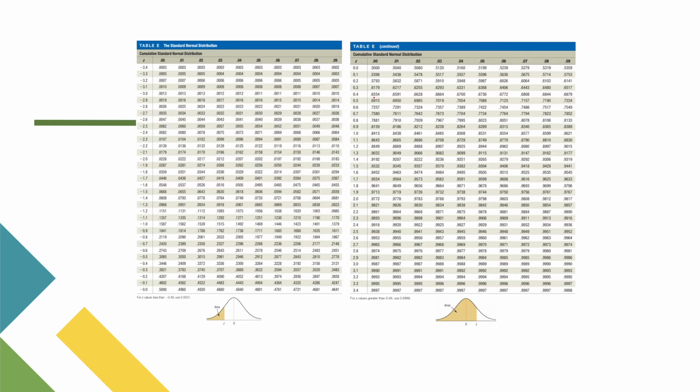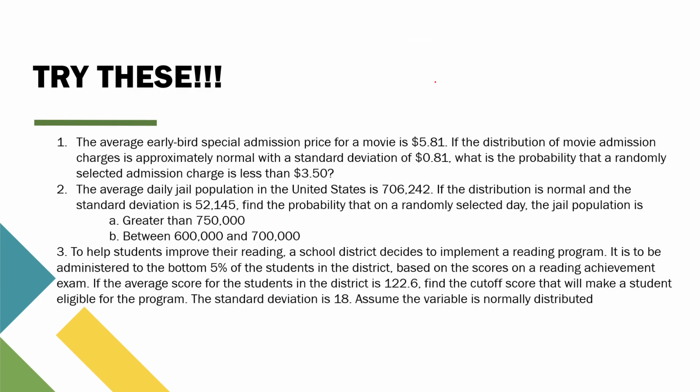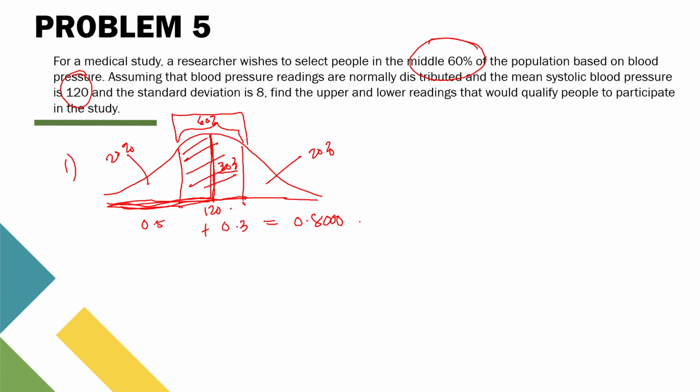Okay, so if we look at the table, what is the value for 0.800? The closest one is this one, 0.7995. So therefore, our z value is 0.84, the closest value.